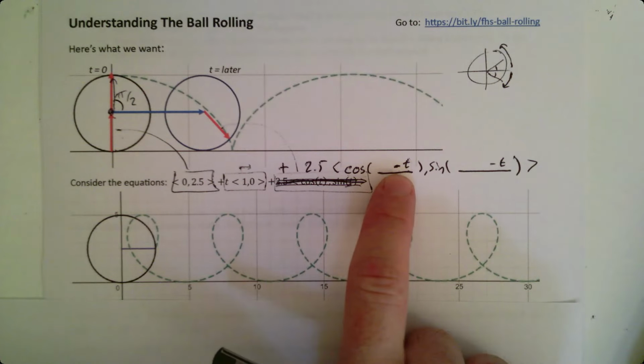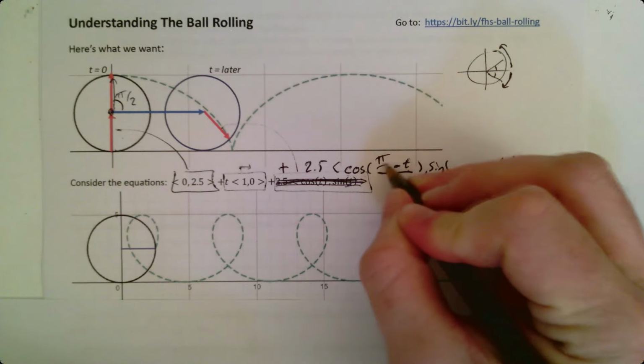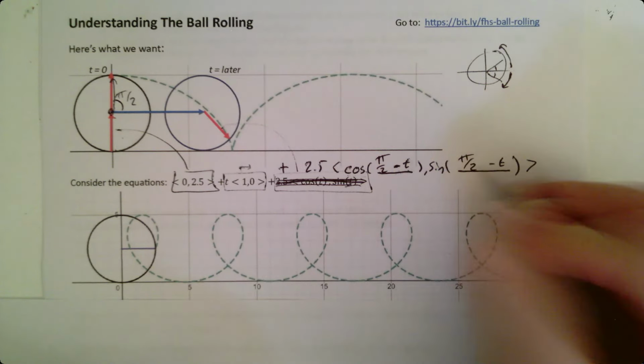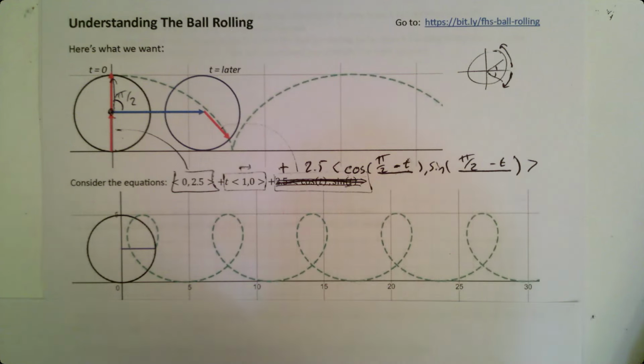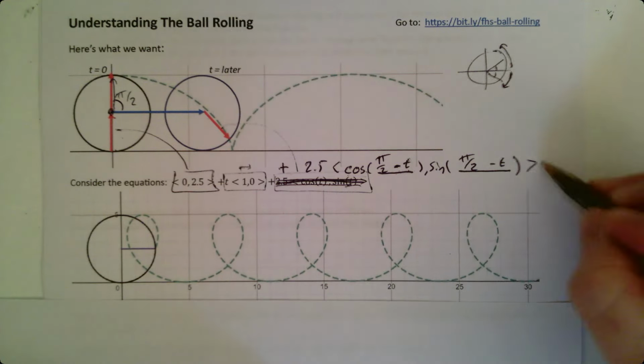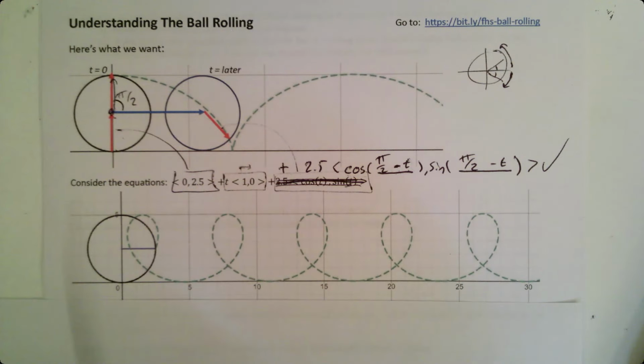So right now at time 0, the angle is 0, but I want it to be pi over 2. So let's just add pi over 2. Now, if I plug in 0 for time, I'll have pi over 2 minus 0. So that gives me pi over 2. So you can think about that sort of like the starting angle. Great, so now we've fixed those two problems. It's going to rotate in the correct direction, and the starting angle is also correct.